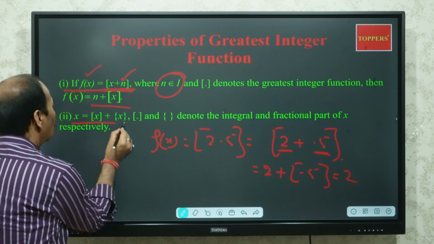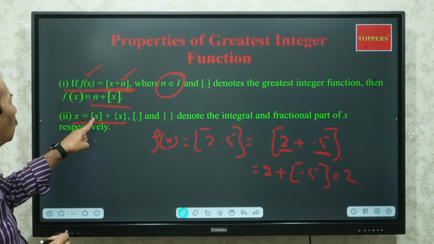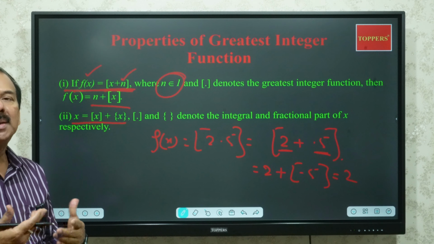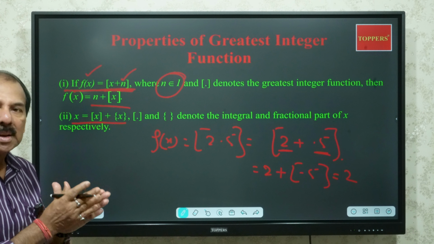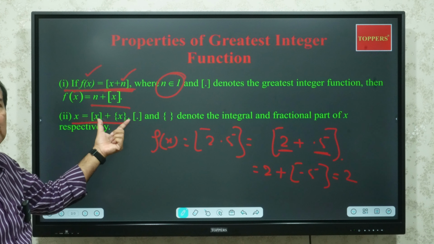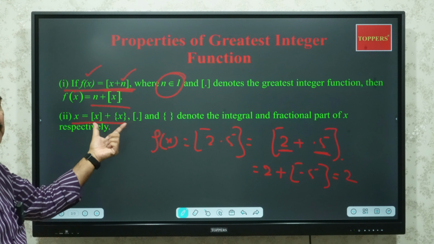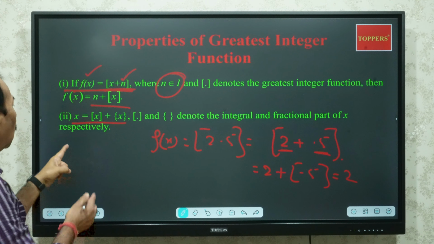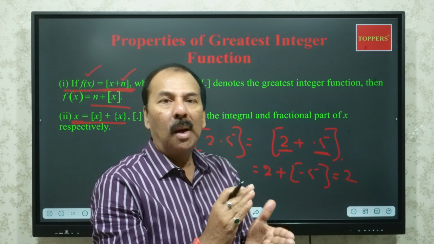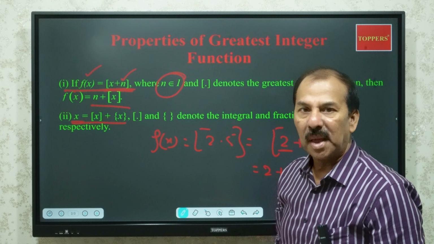Similarly, if you see the second representation, x is equal to integral x plus fractional x, that is, any number x is a combination of the integral part as well as the fractional part. So this just symbolizes, or we can rewrite like this. Any number x is either an integer or a combination of integer and fractional part.